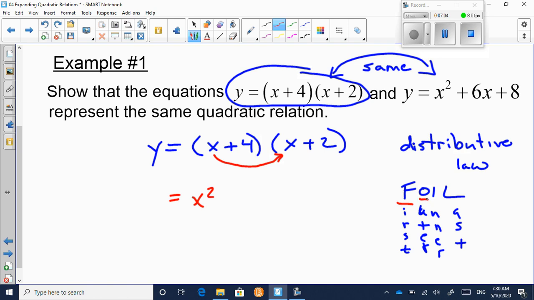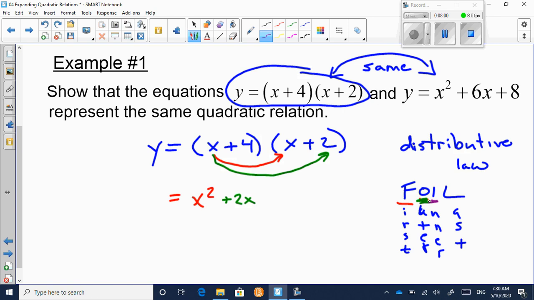Okay, O. Here I'm going to do a different color, I'm going to go with green. Outer. So I'm going to do the two outer ones in the bracket. So x is the outside of this one, and 2 is the outside of this one. So x times 2 is just 2x.